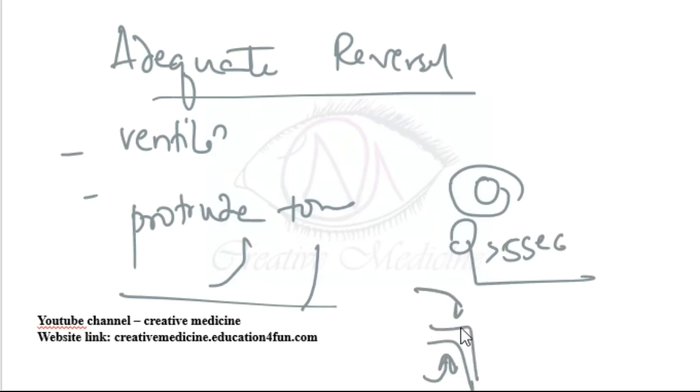If all these are present, then we can say that there is adequate reversal of the agent. Guaranteed recovery is seen if train of 4 ratio is more than 0.9.